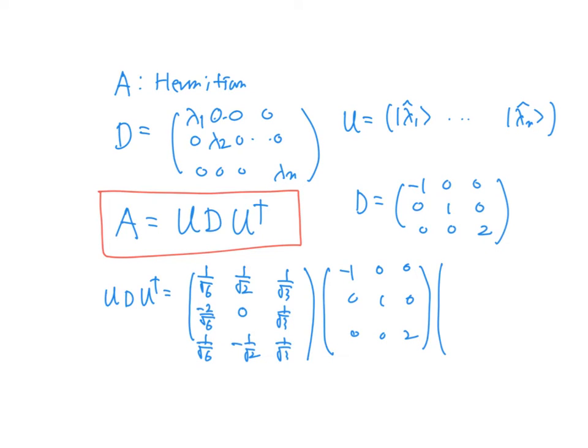And U dagger you just change the row by column: square root of 6, minus 2 over square root of 6, 1 over square root of 6, square root of 2, 0, minus square root of 2, square root of 3, square root of 3.